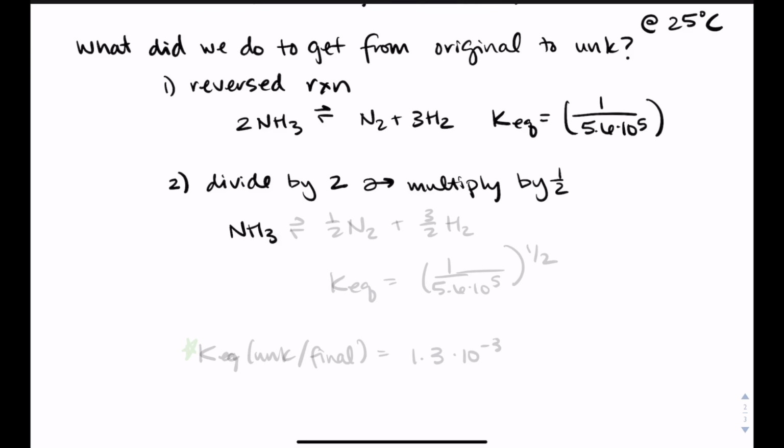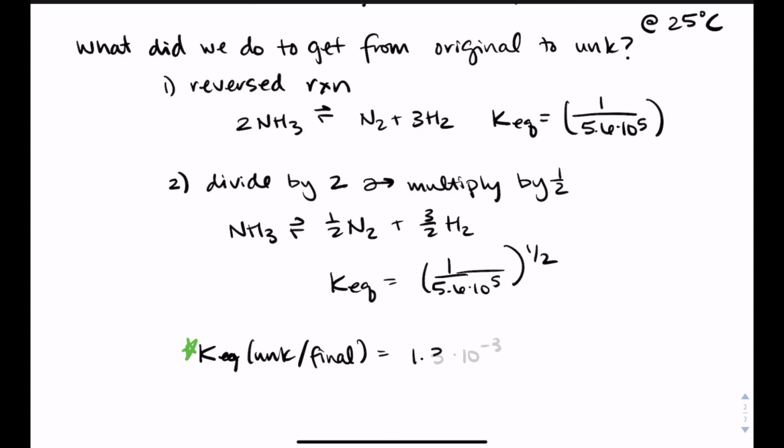So if I multiply by 1/2, I have to take the equilibrium constant to the 1/2 power. So the new value of my equilibrium constant is the square root of 1 over the original equilibrium constant. So my final value is that the equilibrium constant for the unknown reaction is 1.3 times 10 to the minus third.